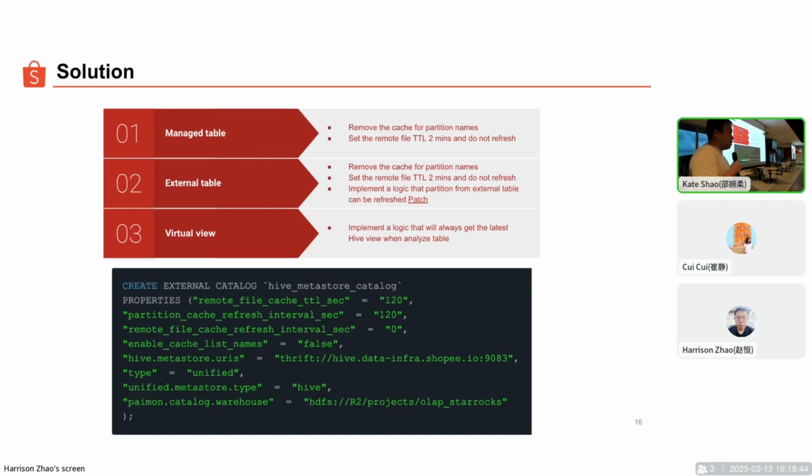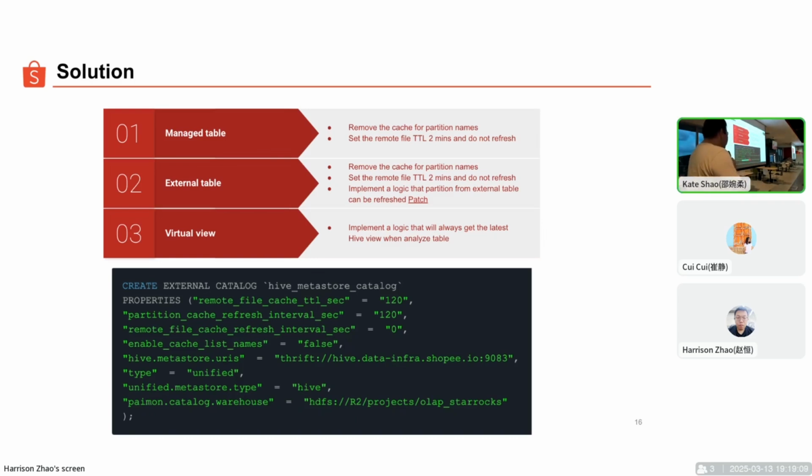So, for example, when a user sets up a new partition file in the external table, and then after that they use StarRocks to query, they will always get the wrong data. So here I implemented a logic so that the partitions from the external table can be refreshed, to solve the problem.